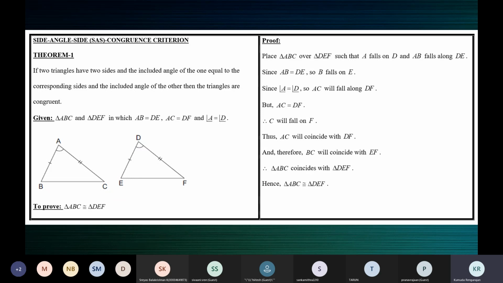Criteria is the plural form of criterion. So when you say SAS, we say SAS congruence criterion, singular. But when you're talking about all the 5, we say congruence criteria, plural. We have 5 congruence criteria.